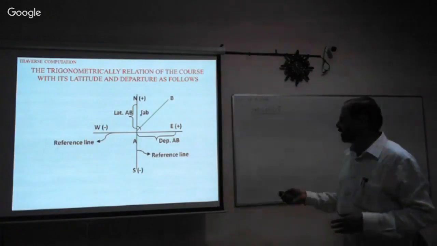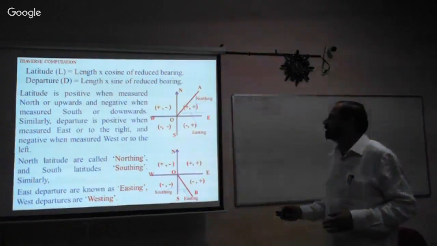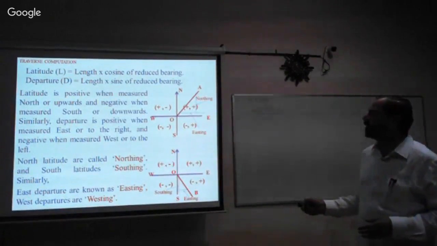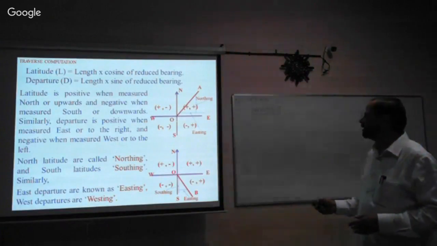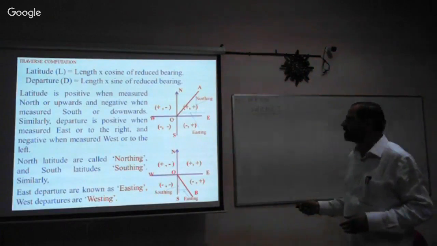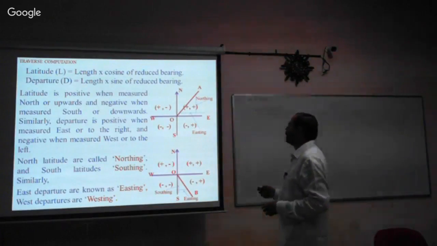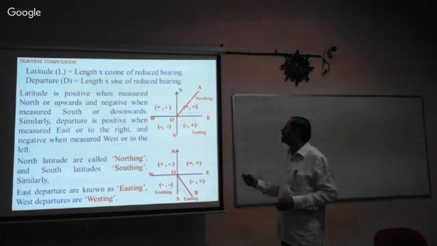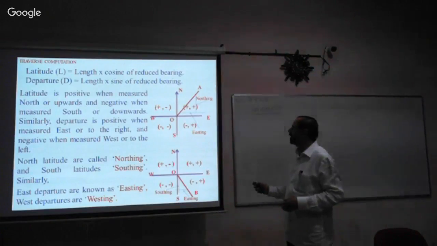Isn't it? Now let us be very careful about this, and we have discussed this. See here, suppose we consider this survey line OA. Now see, this has coordinates: this is the north coordinate, and this is the east-west coordinate, the east coordinate.